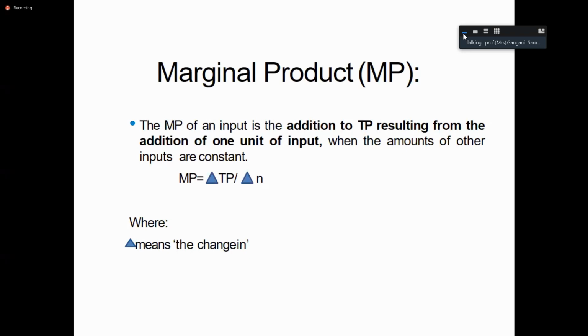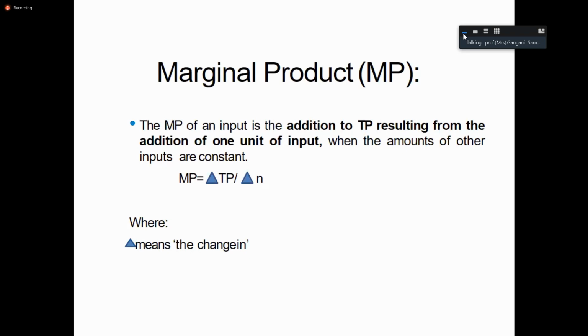But here, how does an additional unit change the output? We can say it is the addition to total product resulting from the addition of one unit of input.